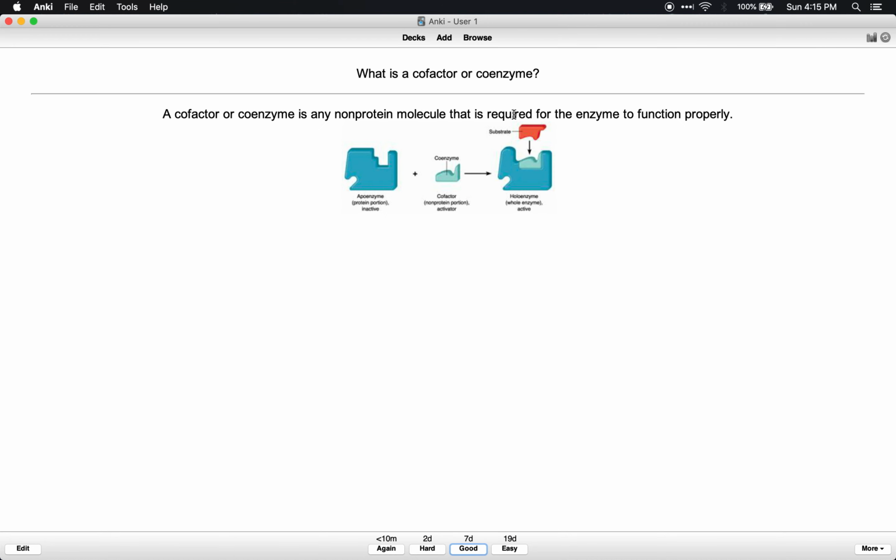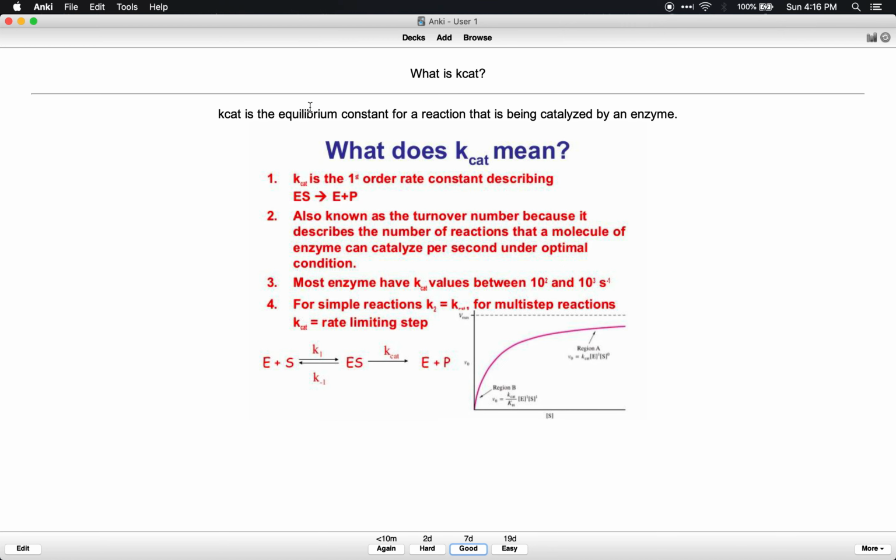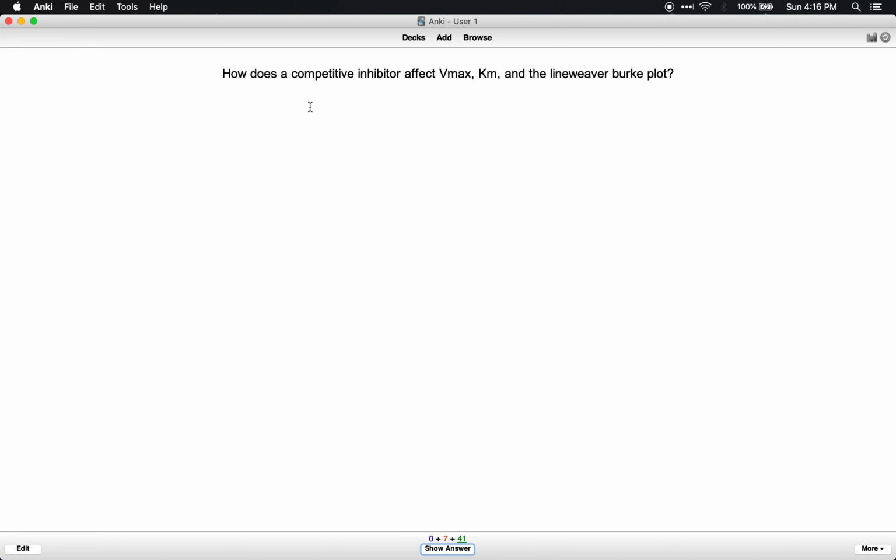Cofactors or coenzymes are organic molecules or minerals or ions that are required for the enzyme to function. Non-protein molecule is required. Keq of catalysis: equilibrium constant for a reaction that is being catalyzed by an enzyme.